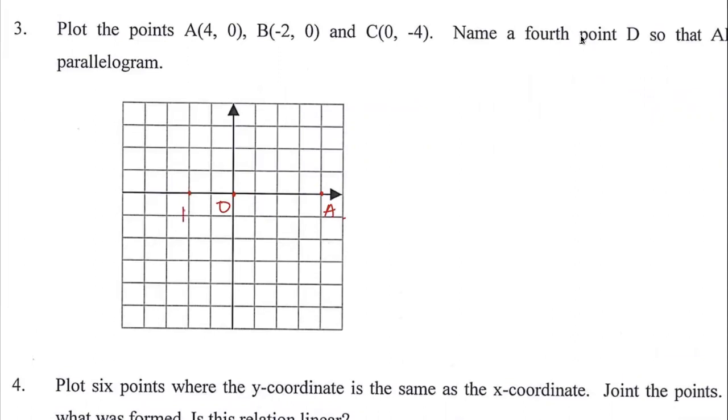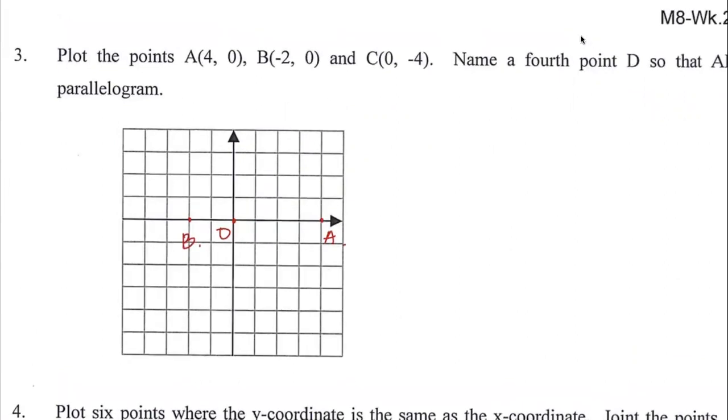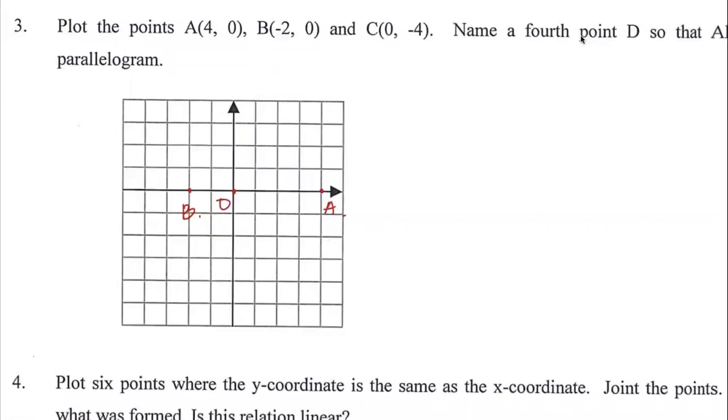So this is B. C, 0, -4. 0, 1, 2, 3, 4. This is minus 4. So this is C. So now we have 3 vertices of this parallelogram. We need to find where the 4th vertex is.